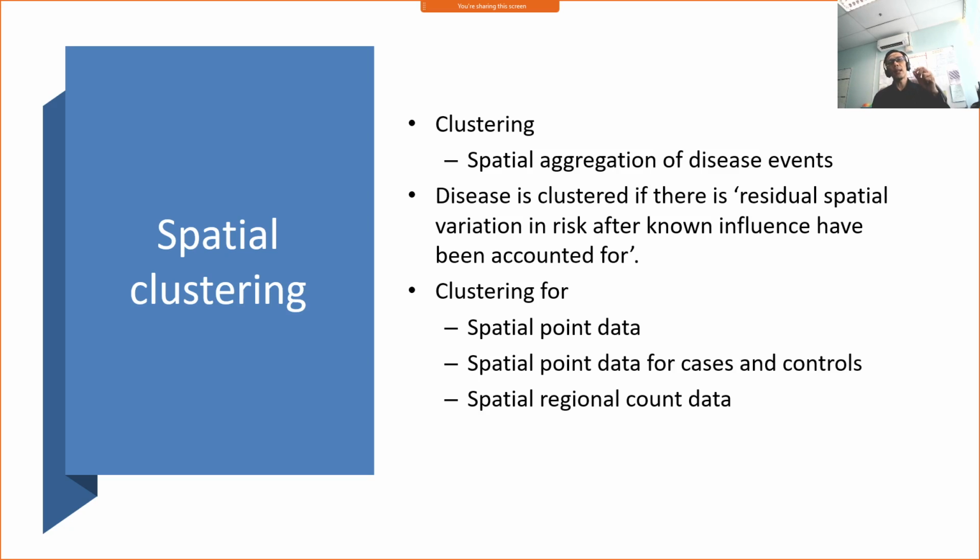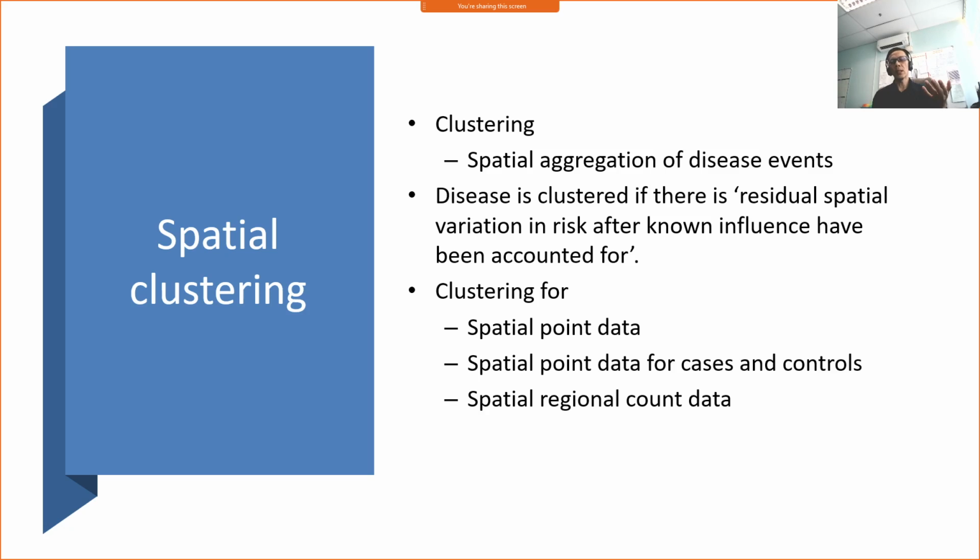So you can look at the spatial point pattern for cases only, or you can do spatial point patterns for cases and also controls. You take points or locations from cases, you take locations from controls, and you see if there is any difference between cases and controls in terms of the distribution of infections, for example.